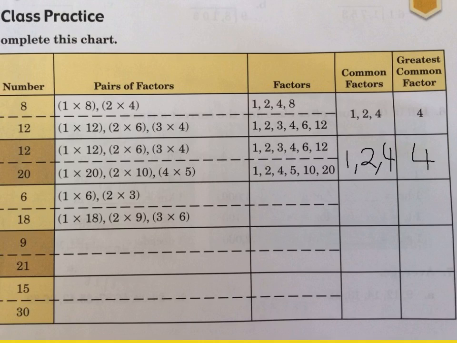Okay, the next part, they've made it easy for us. They already came up with the pairs of factors. So we need to write out the pairs of factors in numerical order. So we have 1, and then 2, and then 3, and then 6. And we need to write it in that order. And then we'll do the 18.